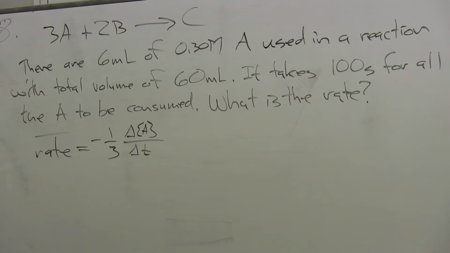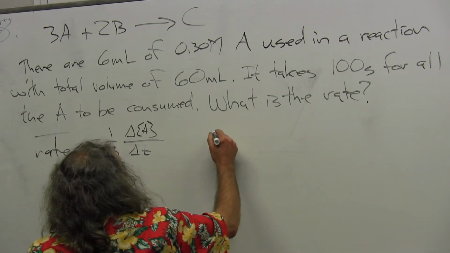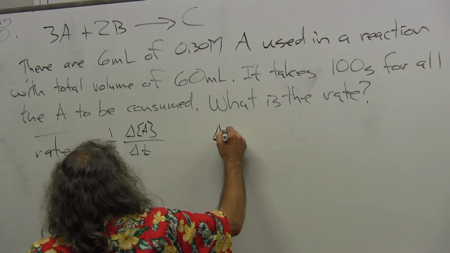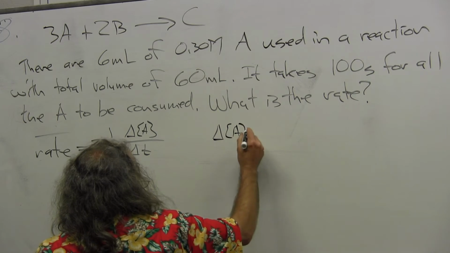And where does the 1/3 come from? 3, the stoichiometric coefficient of the A, because for every one reaction, 3 A's are consumed. So I have to divide the rate of A disappearing by the stoichiometric coefficient. I'm going to use Mr. Finger in this one.